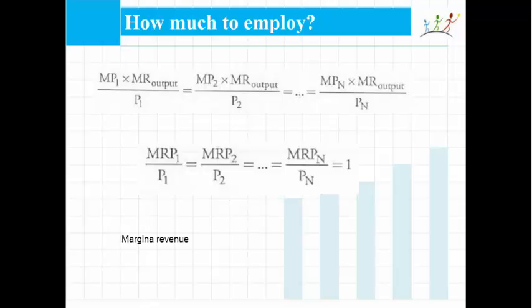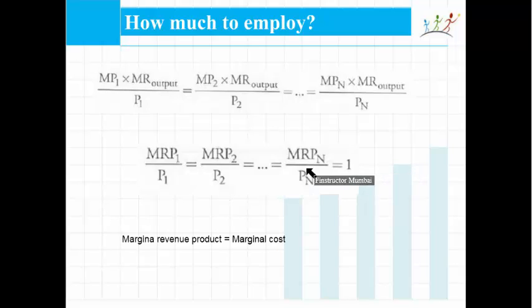The profit maximizing level is where the marginal revenue, in this case also written as marginal revenue product, is equal to the marginal cost, or the marginal revenue product divided by the marginal cost is equal to 1.